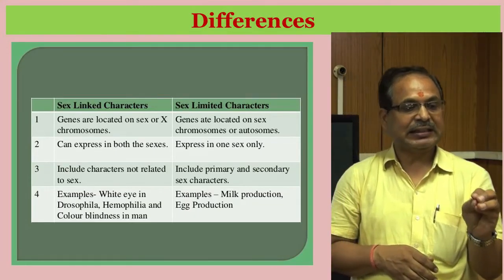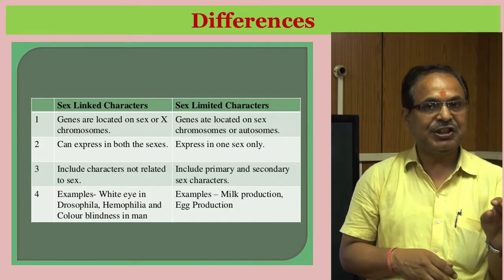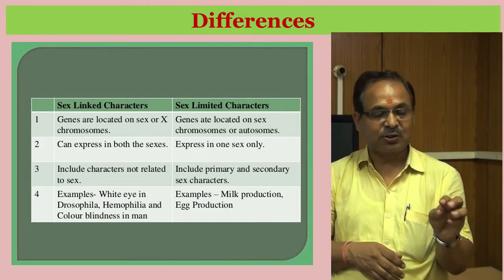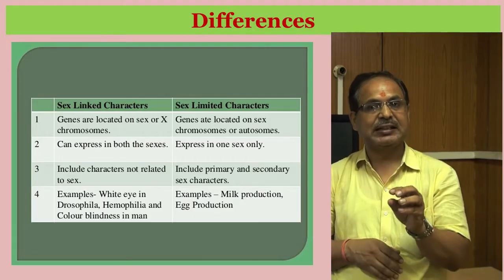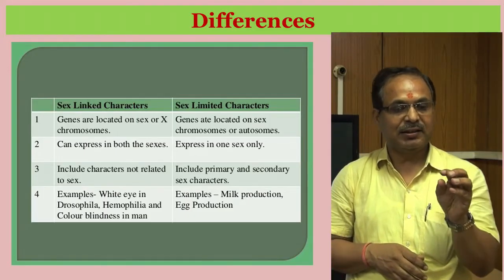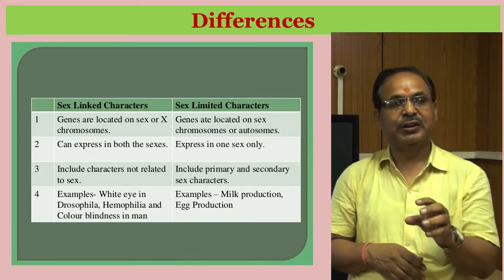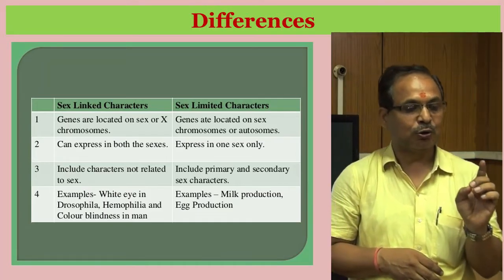In case of sex-linked characters, the genes are located on the X chromosome, but in case of sex-limited characters, the genes are present either on the sex chromosome or on the autosomes.